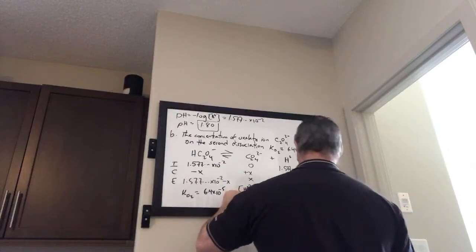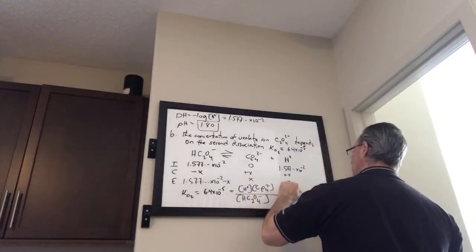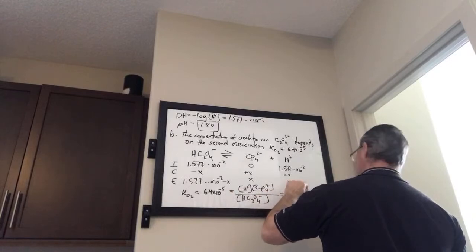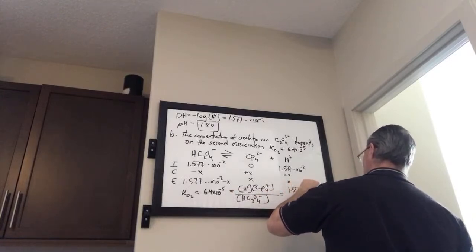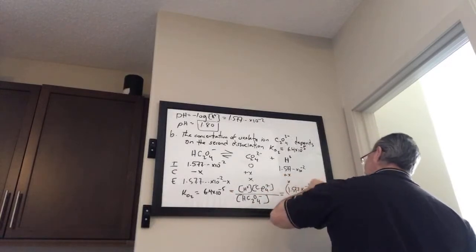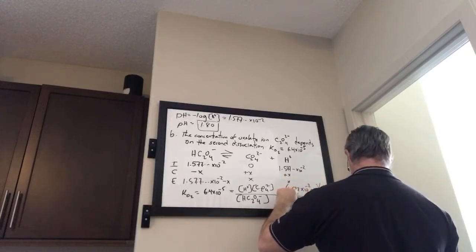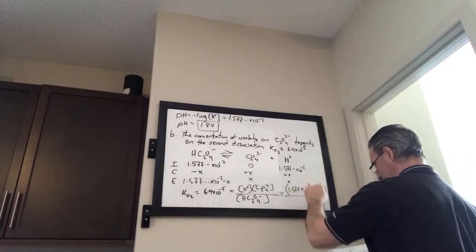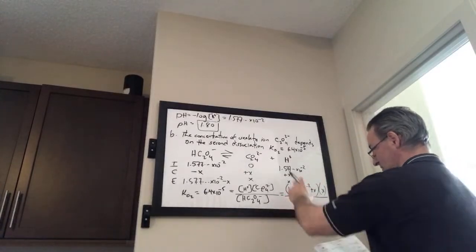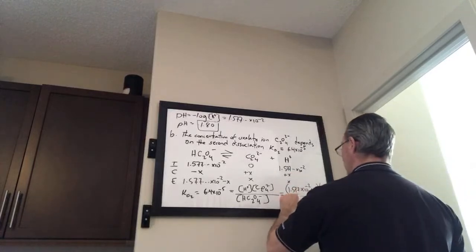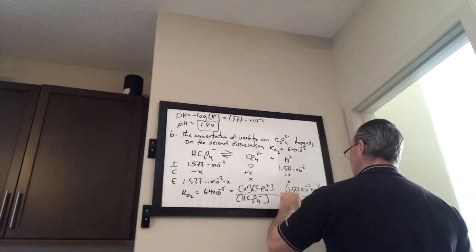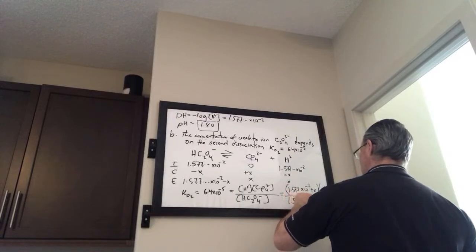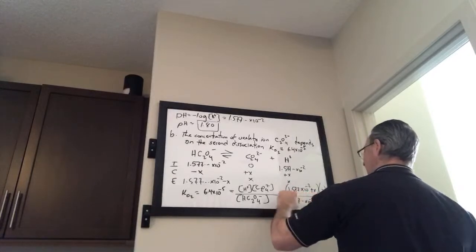And that gives you 1.577, etc., times 10 to the minus 2 plus x times x, all over, on the denominator, 1.577, etc., times 10 to the minus 2 minus x. Sorry, it's plus x in the numerator, because there's a plus x there.